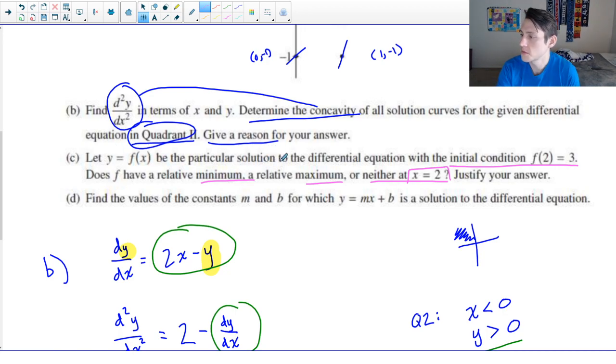So let's think about first, what do we know about, so we have this initial condition, but in terms of a relative minimum or a relative maximum, what do we know has to be true?